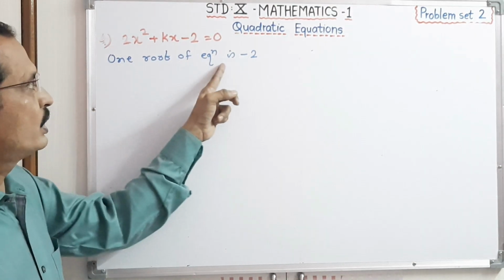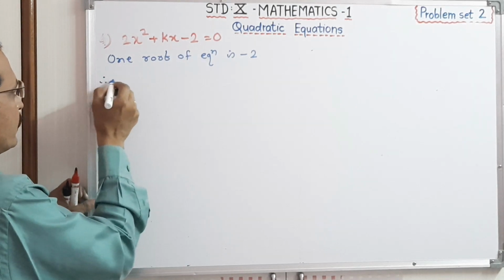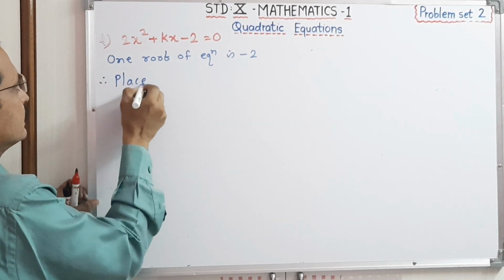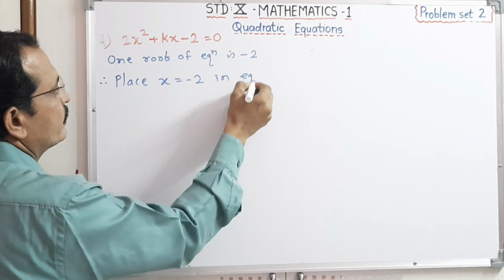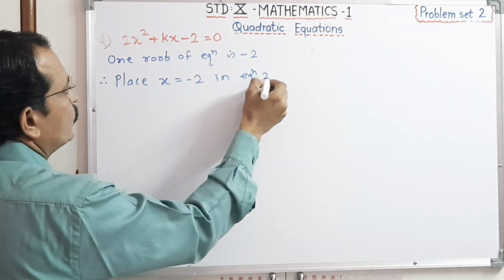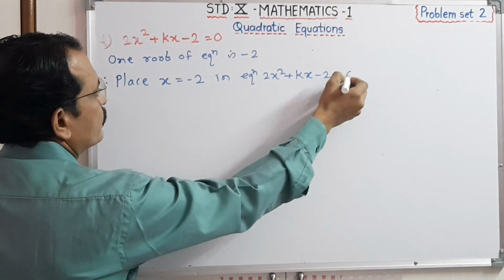One root of the given quadratic equation is minus 2. Therefore, place x is equal to minus 2 in the equation 2x square plus kx minus 2 equal to 0.